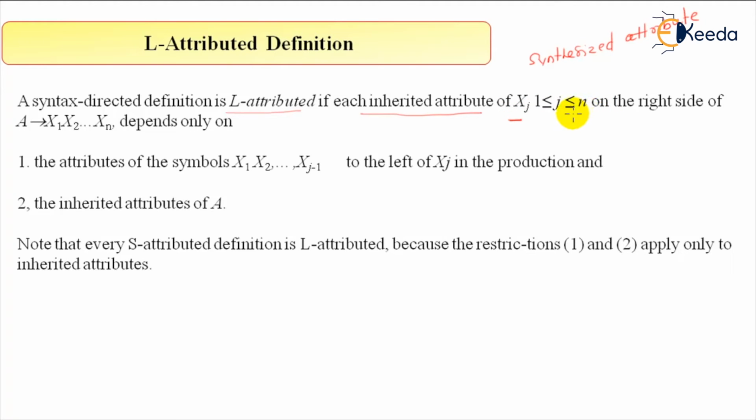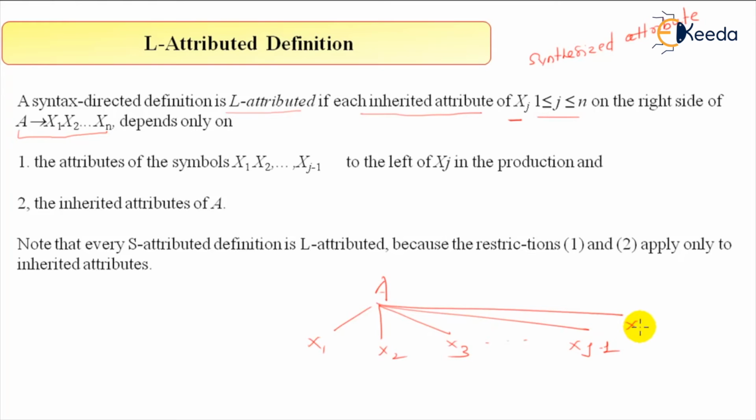So each inherited attribute xj, where j is between 1 to n, on the right hand side of a production A → x1 x2 ... xn, depends on. So a is there, and now we have x1, x2, x3, up to xj minus 1, and then we have xj, and finally xn.